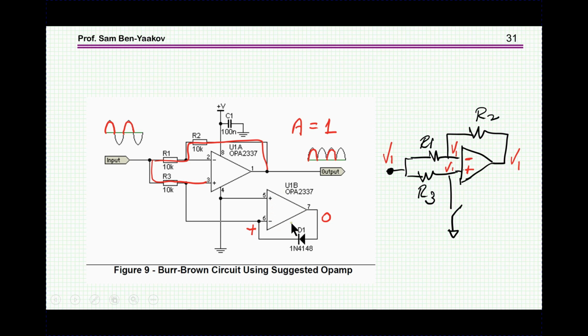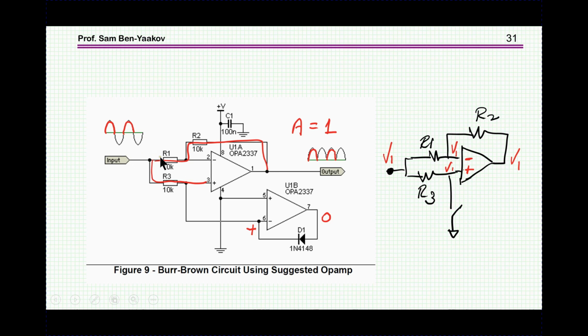Consequently, this amplifier would be locked to the minimum voltage it can produce, which in a single supply amplifier is 0 volt. So this is locked to 0. So the voltage here is like the voltage in the input, so is the voltage here, and therefore there is no difference here, and therefore the output will be the same voltage.